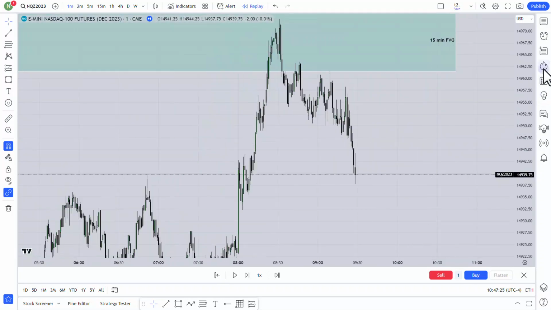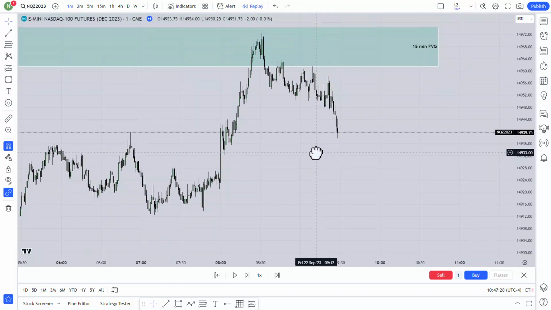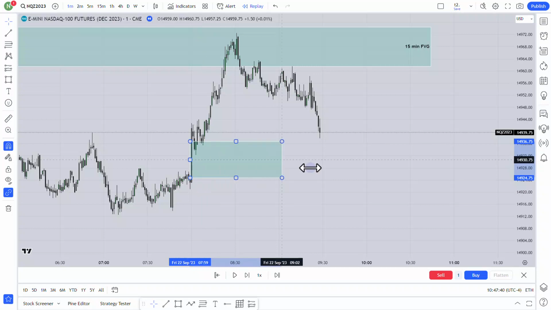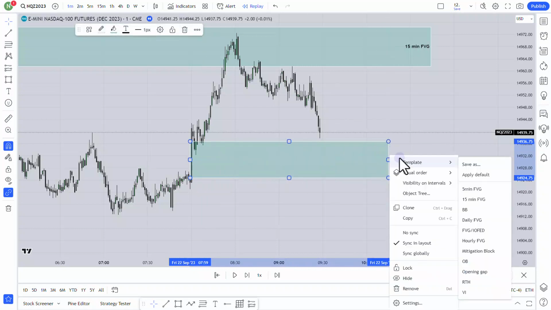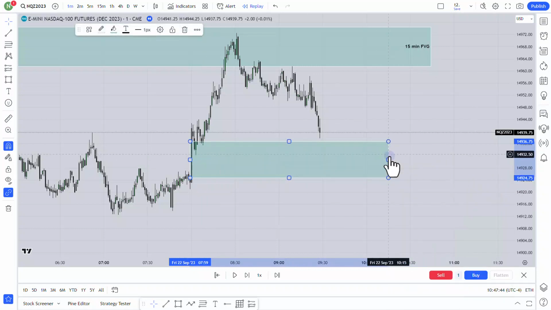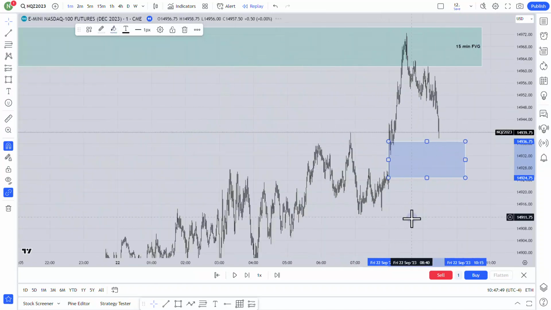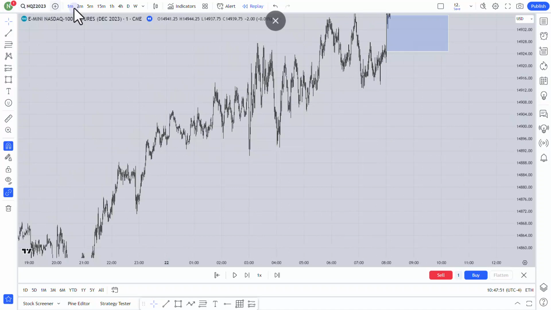This is the 1 minute chart for Nasdaq, and I'm using the replay mode from 9:28. Before that, I would like to mark some levels so that you guys can understand why this level was important. This was the 8 a.m. fair value gap. Let me just change the color, and I need to go to the 5 minute first.